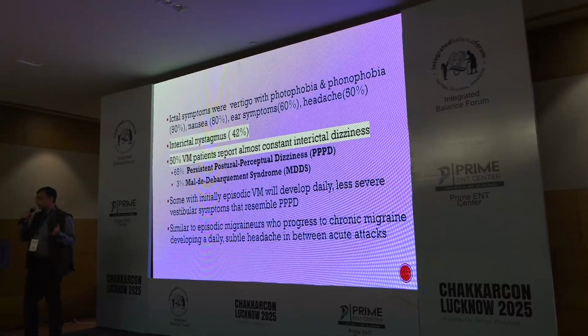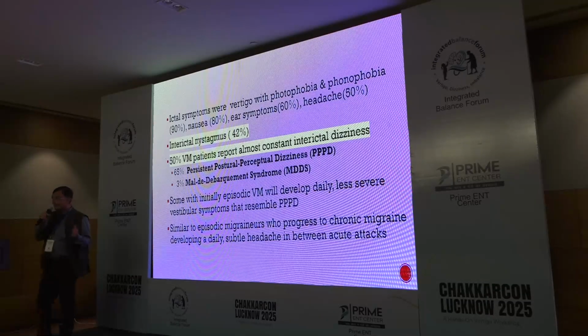In triple PD, there is non-spinning vertigo or dizziness for most days for at least 3 months. And in 3% of patients, there was Mal de Debarquement syndrome, which is also known as disembarkment syndrome. So some patients with initially episodic vestibular migraine will develop daily, less severe vestibular symptoms that resemble triple PD, which is similar to episodic migraineurs who progress to chronic migraine, developing a daily subtle headache in between the acute attacks.